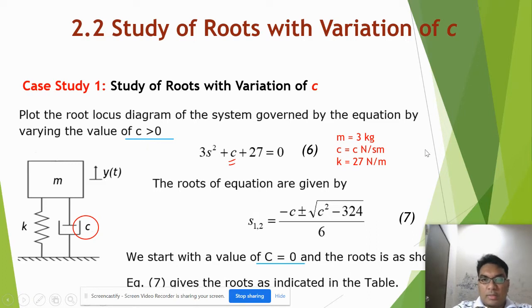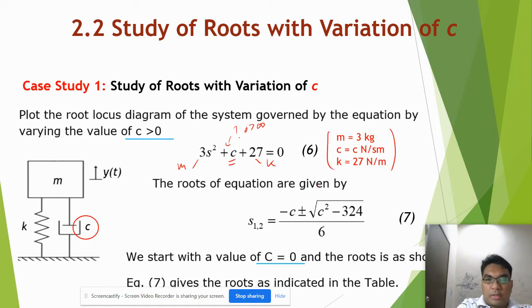From this diagram you already know that we have a mass, spring, and damping system. From this equation you already know that the mass is equal to 3, the value of c varies from 0 to larger positive values, and the k value is 27.